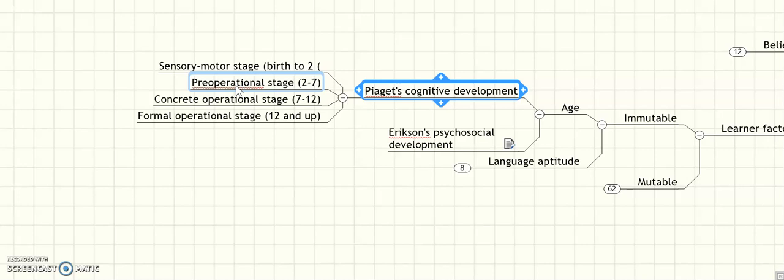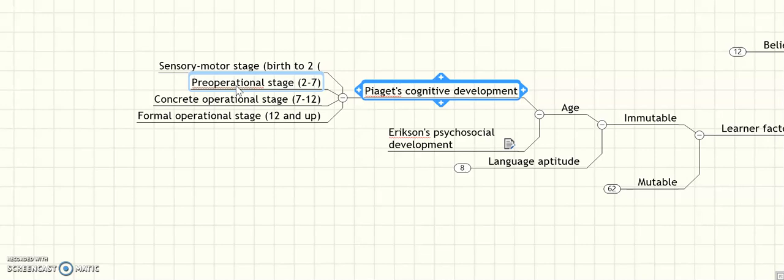It might be a bit different when the students move to a higher level, to the formal operational stage, because at this stage students can do abstraction much better. So we can introduce formulas, we can introduce rules, or we can ask students to derive rules.